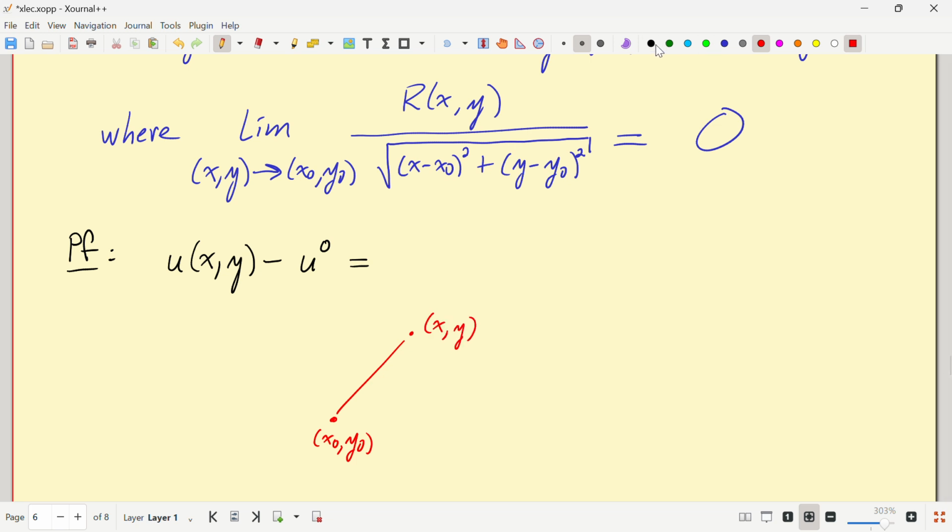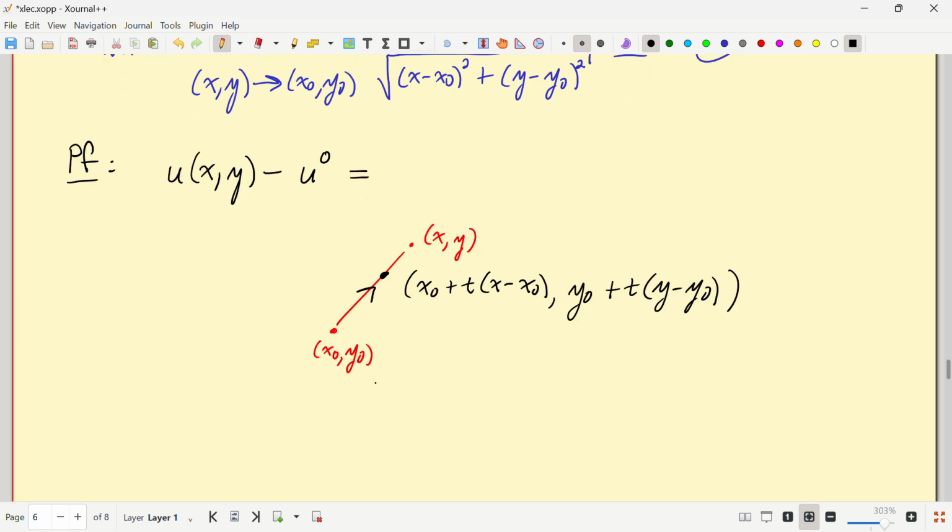And then a spot moving along here is going to be (x naught plus t times (x minus x naught), y naught plus t times (y minus y naught)). And t is going to go from 0 to 1, and that'll make that slide along like that. Okay?